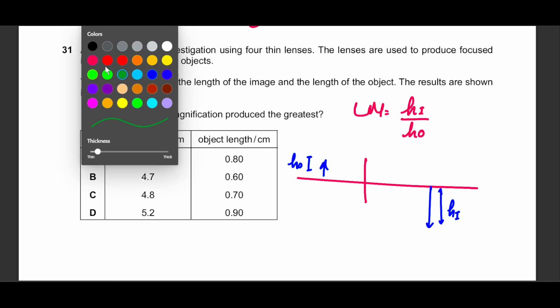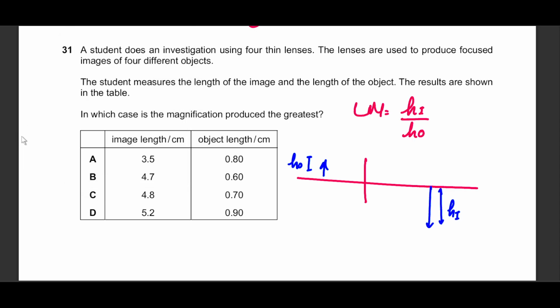This ratio also corresponds to another idea that is equally workable. The distance of the object, let's call this distance u, and the distance of the image, let's call this distance v, are also proportional.